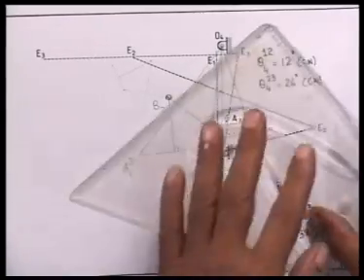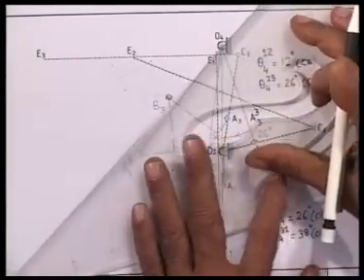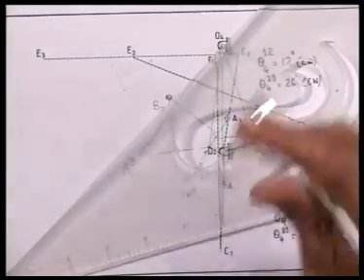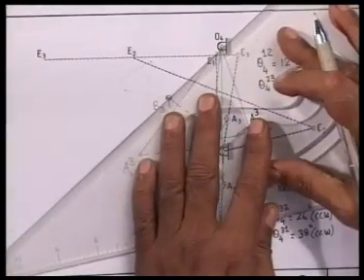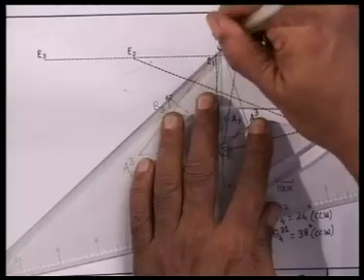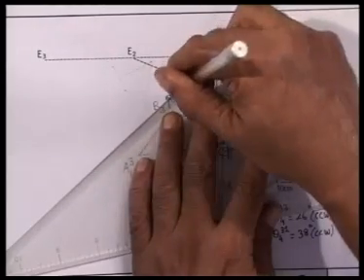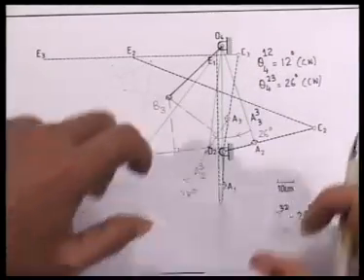So to complete the 4-bar linkage, I have to join O4B3 and A3B3.